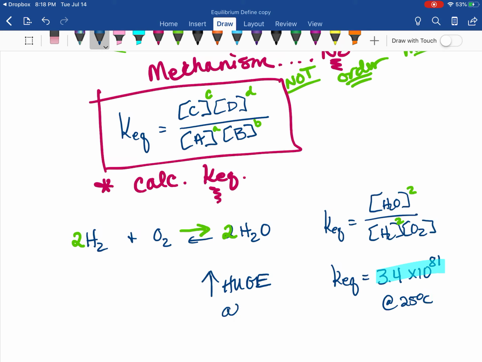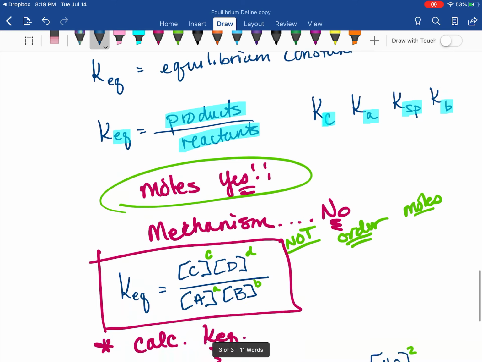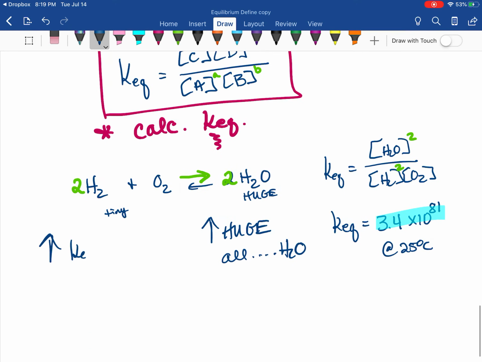So that means that our equilibrium exists as almost all water. And you have the tiniest little bit of H2 and O2, but over here you have a phenomenally large amount of water. So the larger your KEQ, the more products.